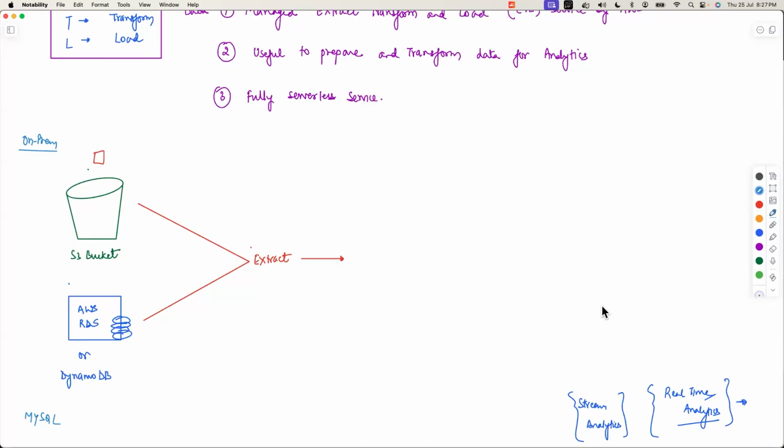For that we have services, that is what we were talking about, Stream Analytics. Ideally, any stream of data, whichever you see on cloud or anywhere, any example which you feel that data is not getting saved?